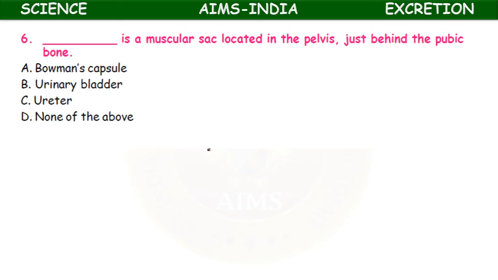Dash is a muscular sac located in the pelvis, just behind the pubic bone: Bowman's capsule, urinary bladder, ureter, none of the above. It is the muscular sac. It is urinary bladder.